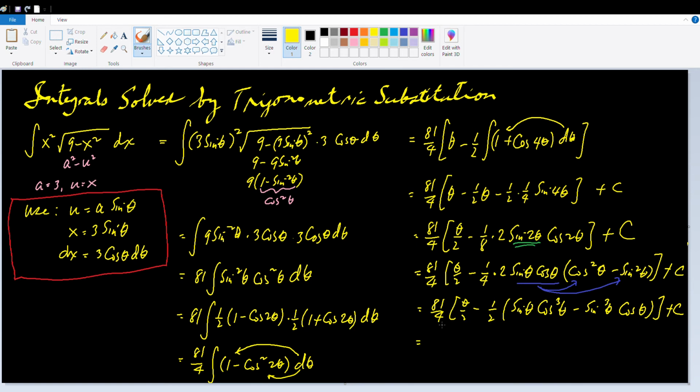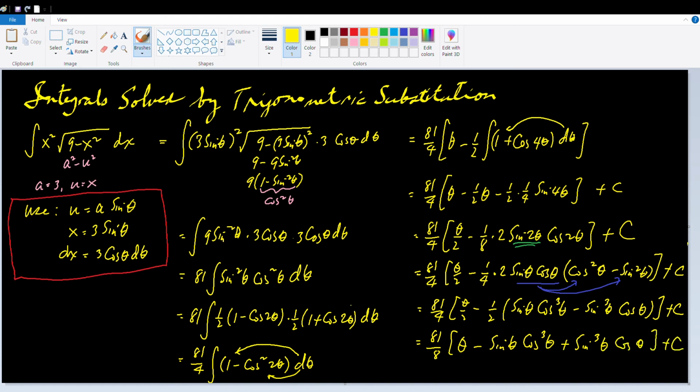So 81 over 4 times 1/2 is 81 over 8, theta minus sine theta cosine cubed theta, and then negative times negative becomes positive, sine cubed theta cosine theta, plus C.